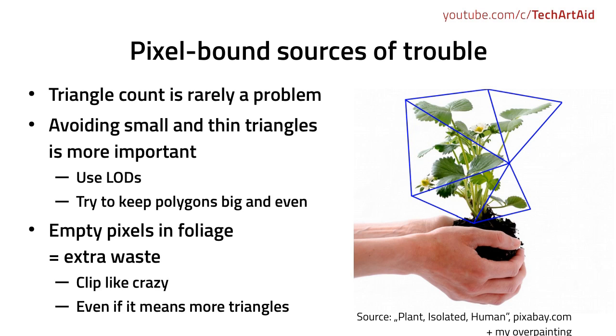Try to keep polygons big and even in screen space, so watch for it from your camera, from your game, not just the 3D package. And empty pixels in foliage are extra waste, because you have translucency or some overdraw, so clip like crazy. Spend more polygons, but keep closer to the actual shape of the plant to be drawn.